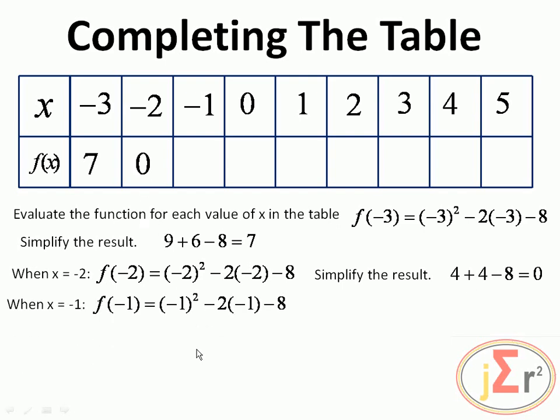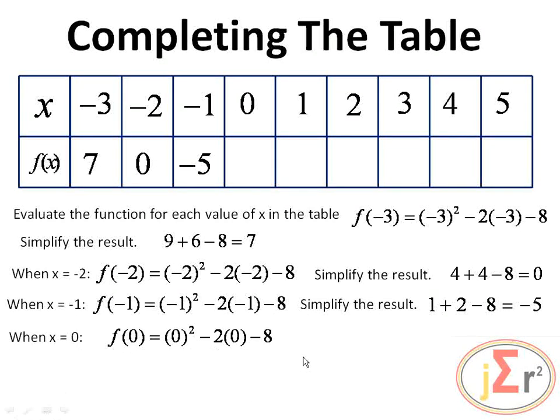Now we do the same with -1. -1 squared minus 2 times -1 minus 8 simplifies to -5, and that goes into the table also. We do the same with 0. The terms that have 0 will be equal to 0. The answer is -8, and it goes into the table like that.